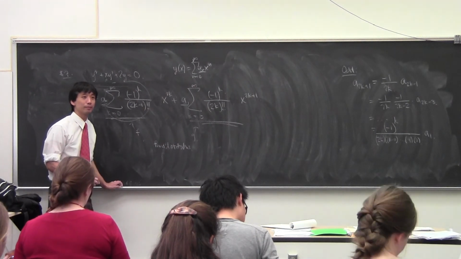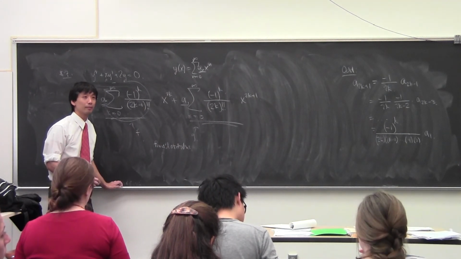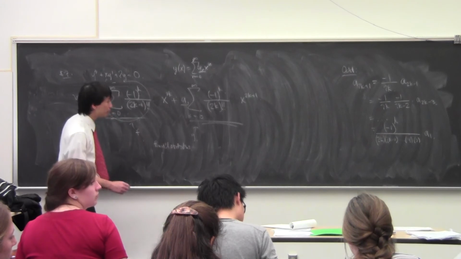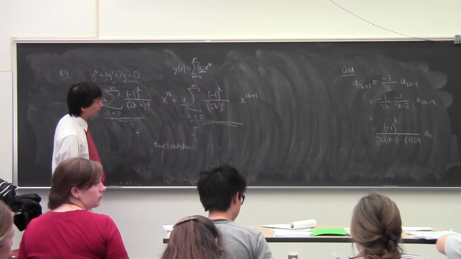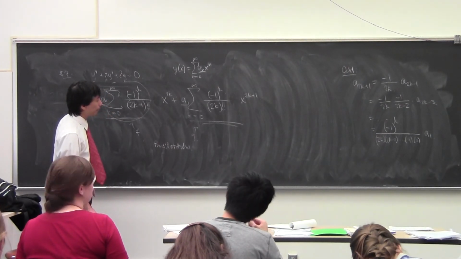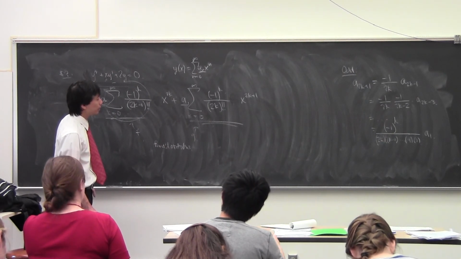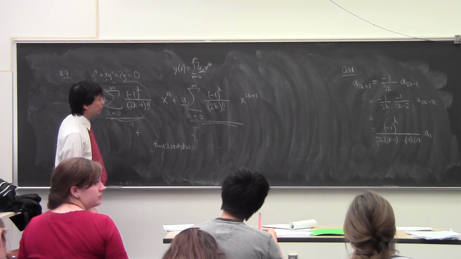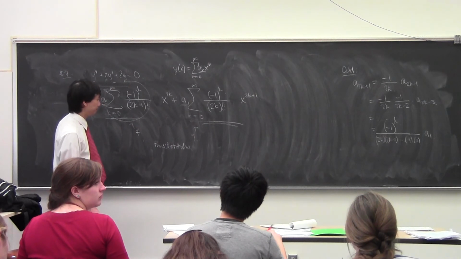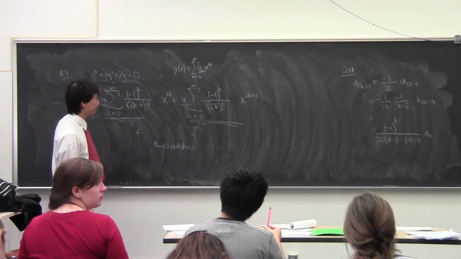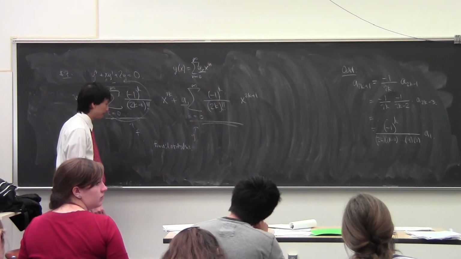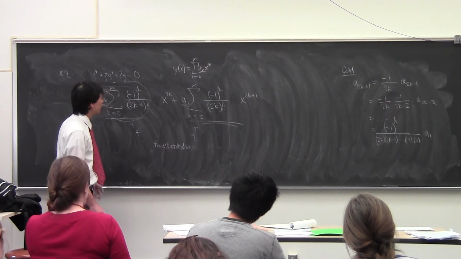Okay. So the recurrence relation is the fundamental set. So each recurrence relation is like one of them, is that what you're saying? Or not? Because you said the recurrence relation was a sub n plus 2 equals negative 1 over n plus 2. So can we apply the Wronskian to this or not? Yes, we could.